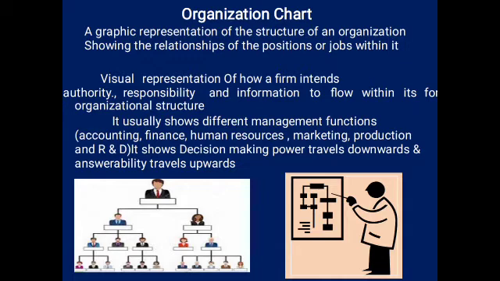It shows the relationship of the positions or jobs within the organization. It is a visual representation of how a firm intends authority, responsibility and information to flow within its formal organizational structure. It usually shows the different management functions and the authorization and responsibilities of each group.